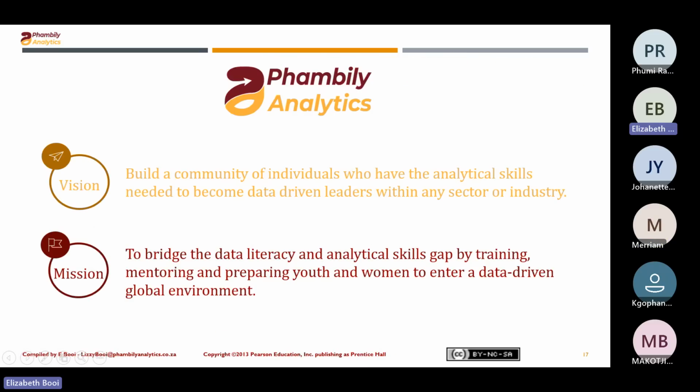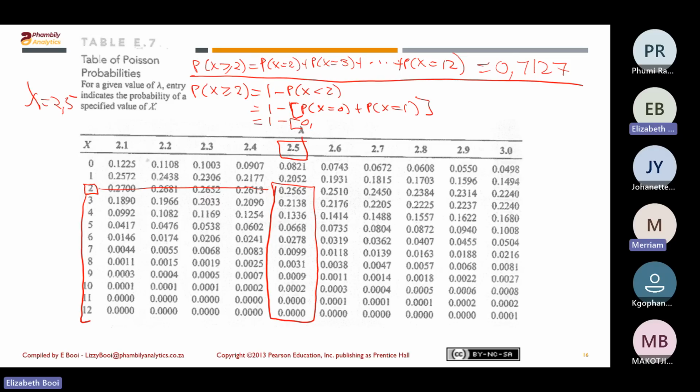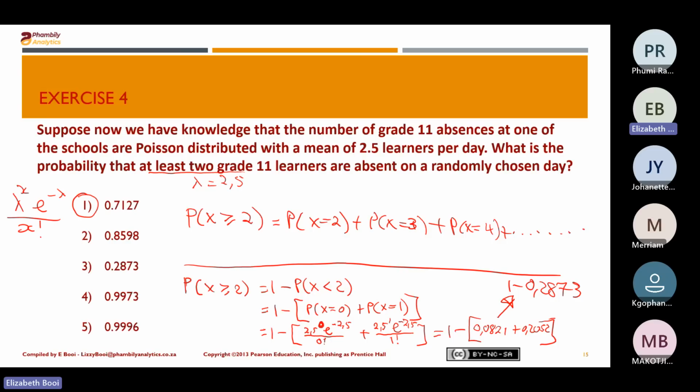0.0821 plus 0.2052, which is equal to 0.2873. So 1 minus 0.2873 is 0.7127. That's the same thing that we calculated. Remember, from the formula, we did calculate those 2 values and found that they are the same.